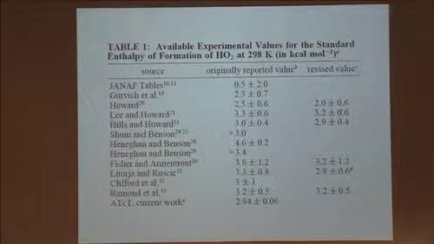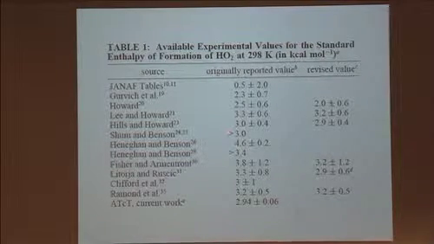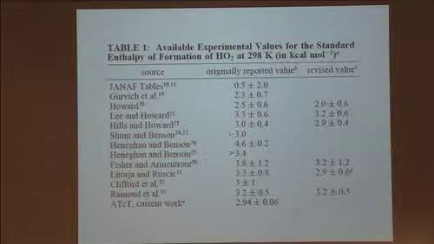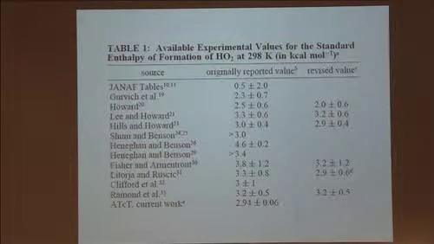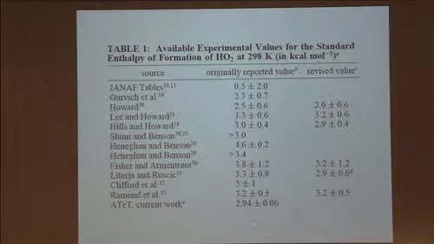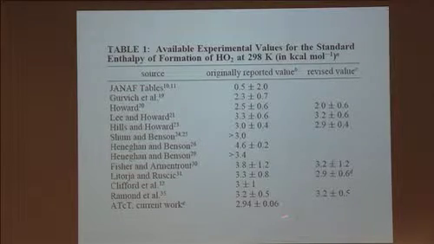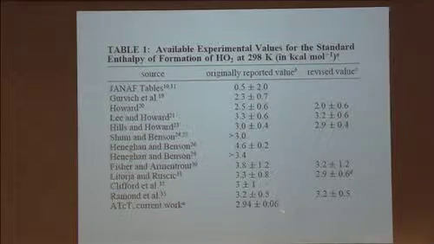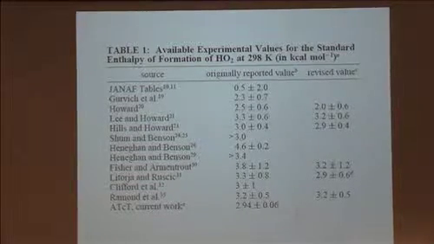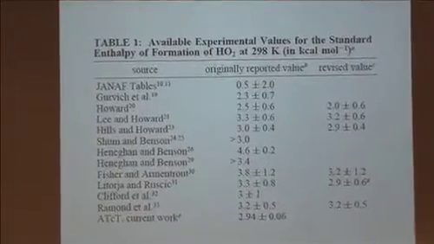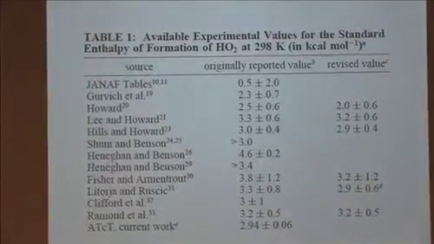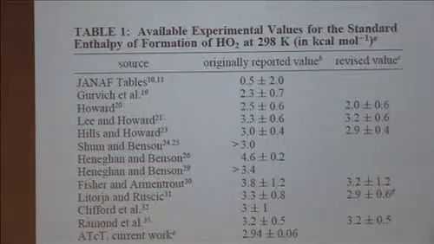Interesting recommendation by Benson here, which really helped to change the way in which we thought about the HO2 radical. But this is the latest recommendation, 2.94 plus or minus 0.06 kilojoules per mole. Really very incredibly precise. Sorry, that's kcal per mole.